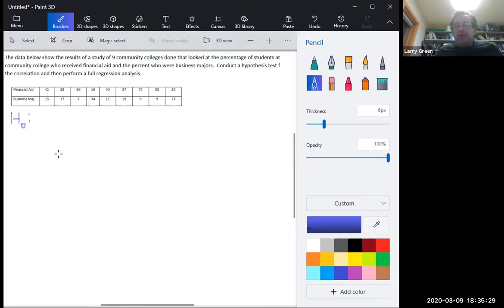It turns out that the first letter of correlation doesn't quite work for us. Instead, what we're going to be using is this symbol. Anyone know how to read that?